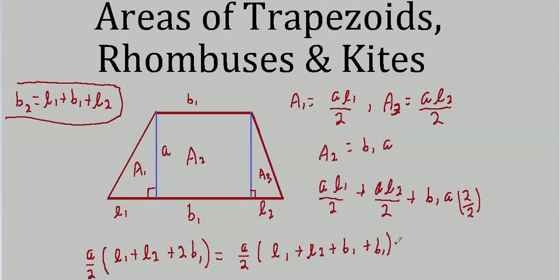So I can rewrite this as A over 2 times B2, the lower base, plus the upper base. And that is in fact the formula for a trapezoid. It's the average of B1 and B2 multiplied by the altitude.